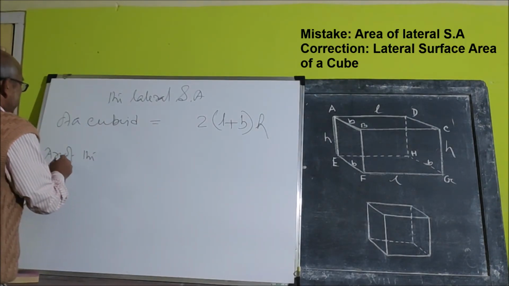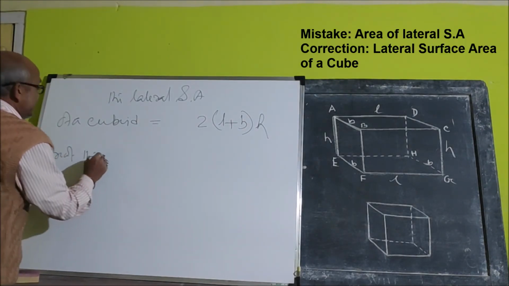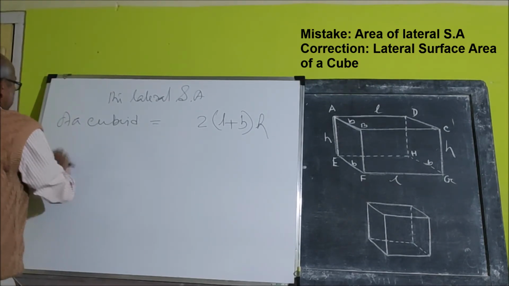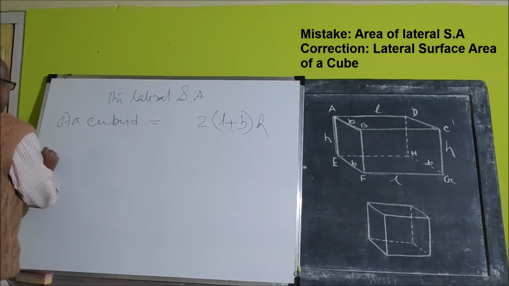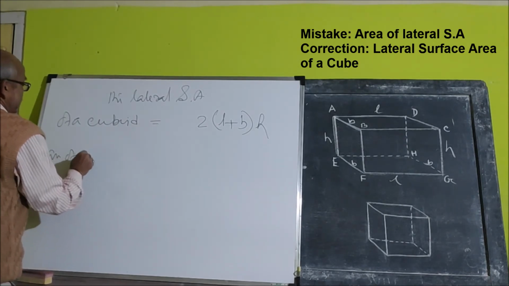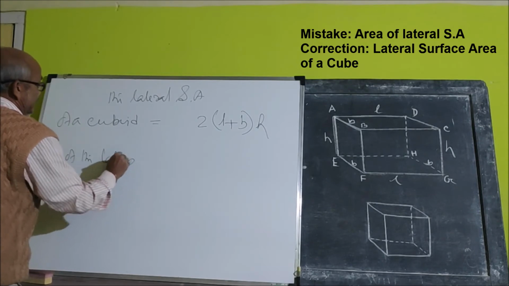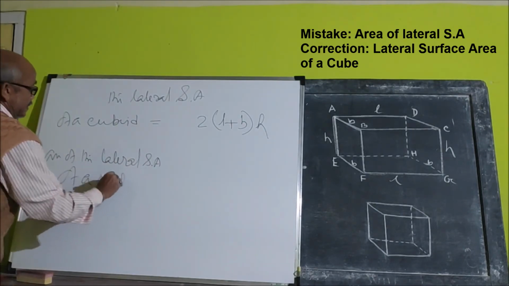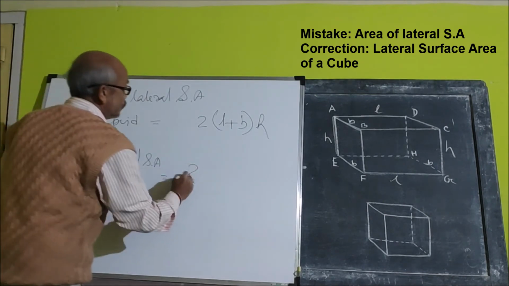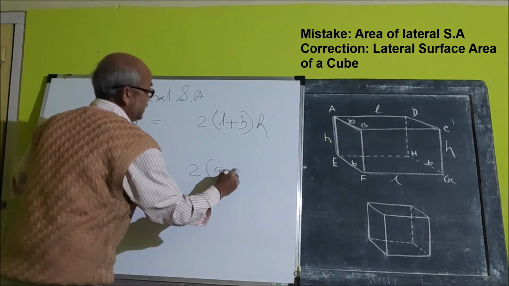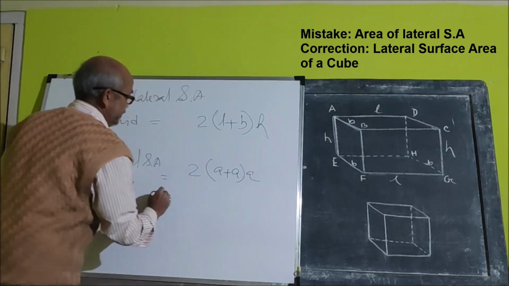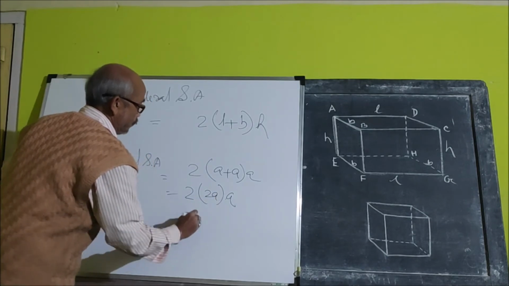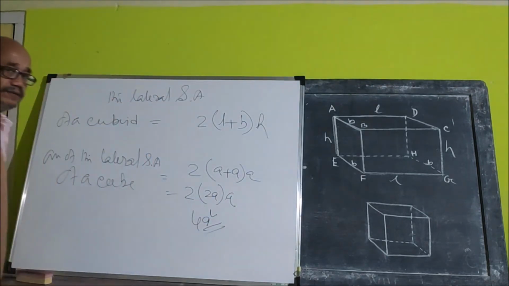Here, the lateral surface area of a cube means 2 into (a plus a), twice a into a, that is 4a square.